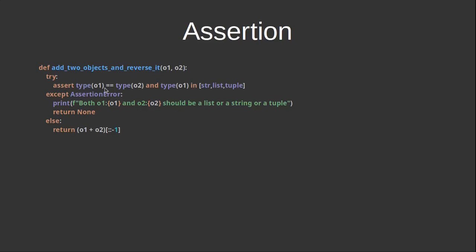If assert statement does not raise an assertion error, in this case, return reverse by slicing of O2 plus O1. But if the assert statement raises an assertion error, print both O1 and O2 should be a list or a string or a tuple and return none.